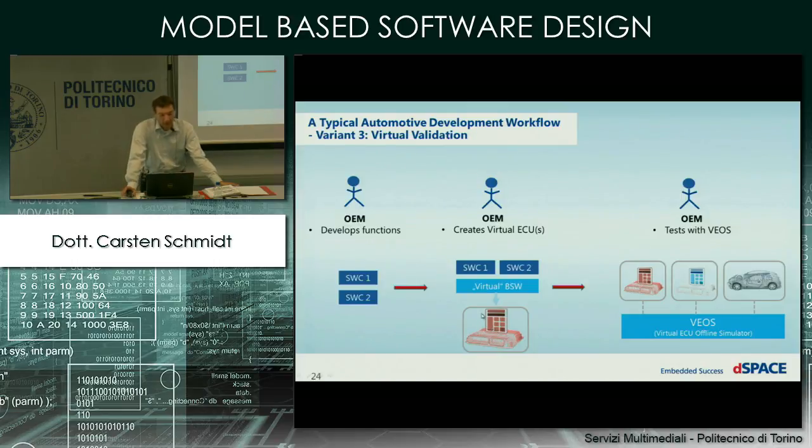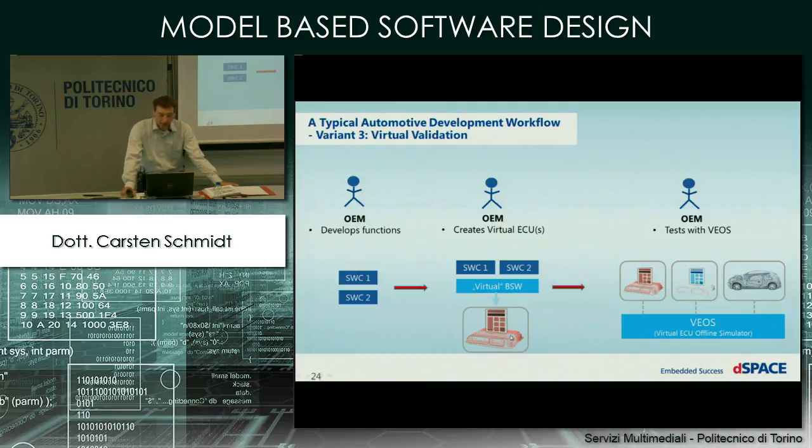And basically you just take your software components and create a kind of virtual-based software, and then you get a virtual ECU, and then you do a similar thing like testing with hardware-in-the-loop simulation, but you basically replace the hardware-in-the-loop simulator by the virtual ECU offline simulator.